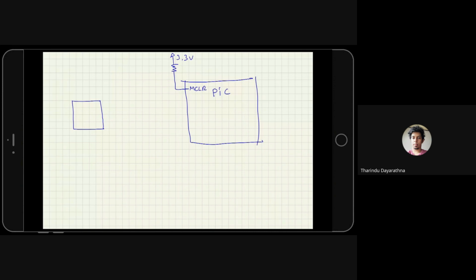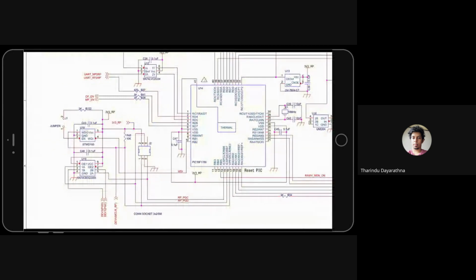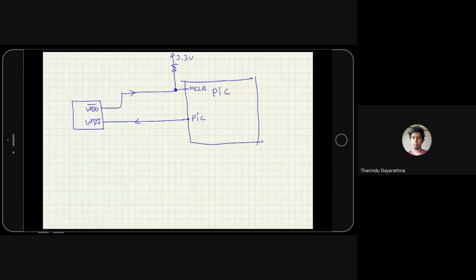It has a WDO pin, which is connected to here. And then we have the WDI pin, which is coming from the PIC. I don't remember which one, that is the RB2 pin. Okay, this is a 1.6 second WDT, watchdog timer.